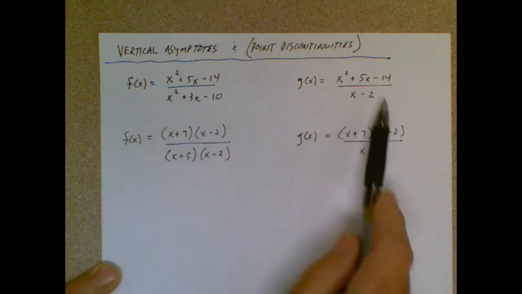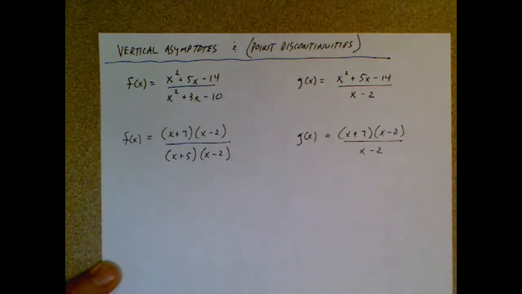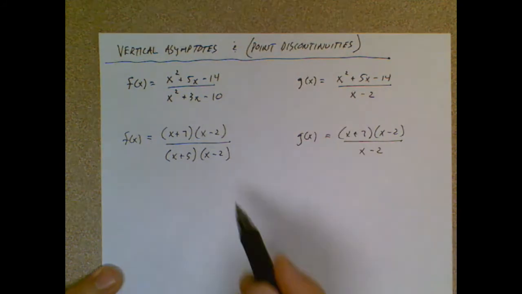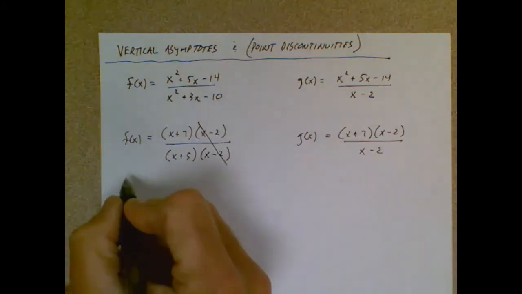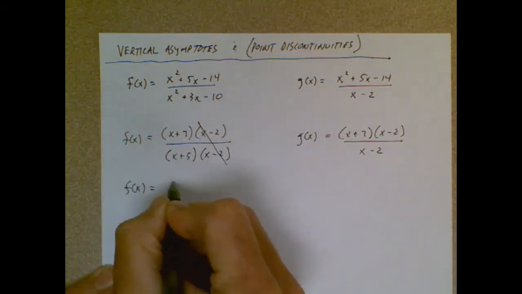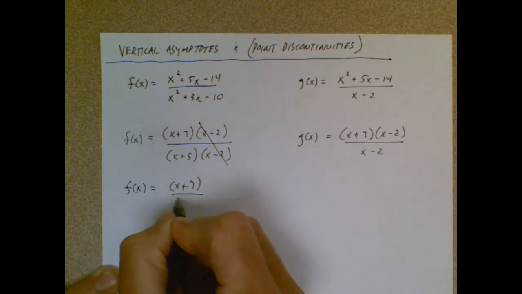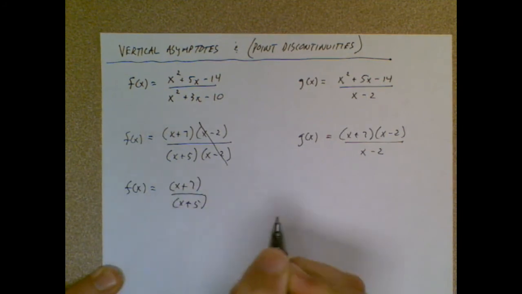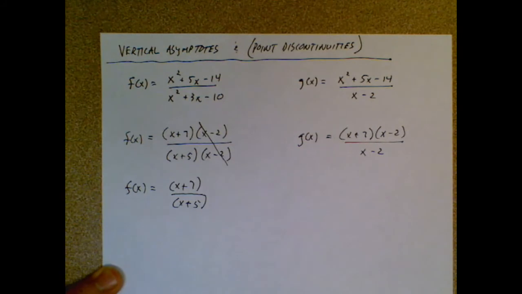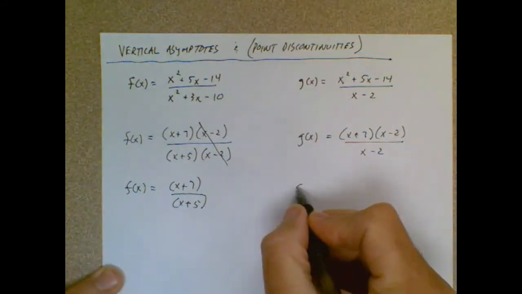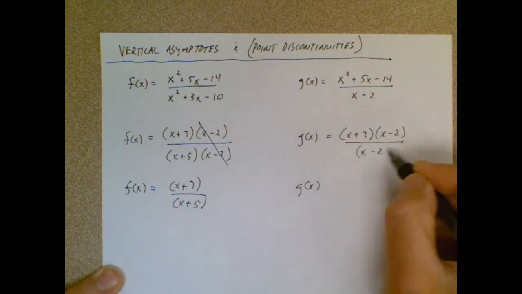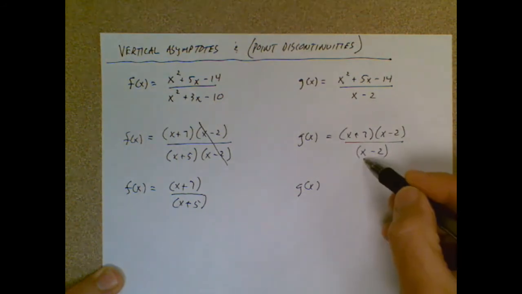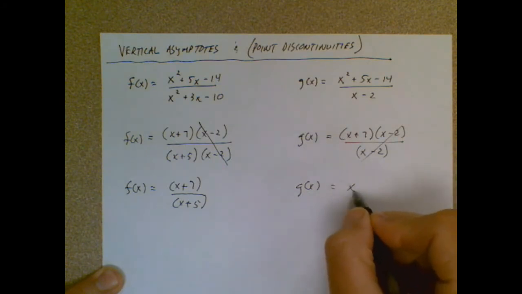So you can see that I've factored both of these, and in this case it really makes quite a bit of a difference. If I look over here, those would reduce, and I'm left with this. And in the case over here, this, which would really be in parentheses if you want, those cancel.